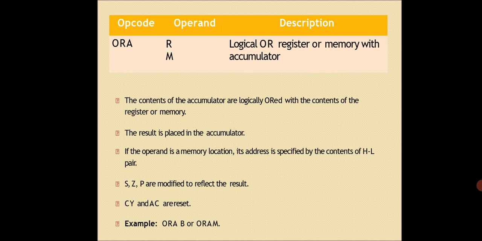S, Z and P flags are modified according to the result and AC and CY flags are reset. If the operand is in a memory location, its address is specified by the content of the HL pair. For example, ORA B or ORA M.